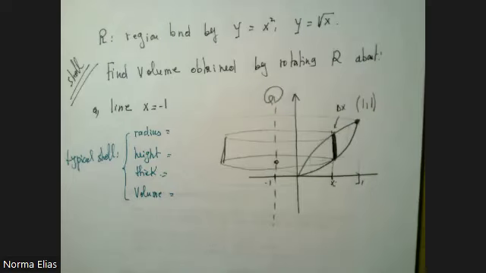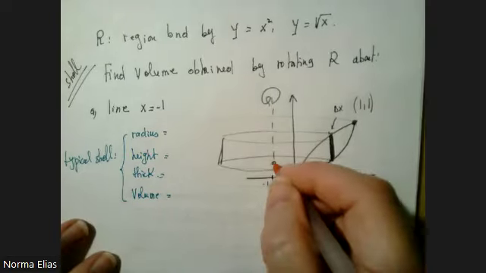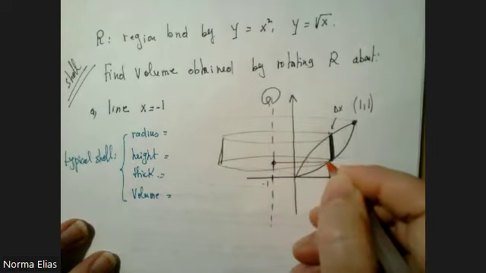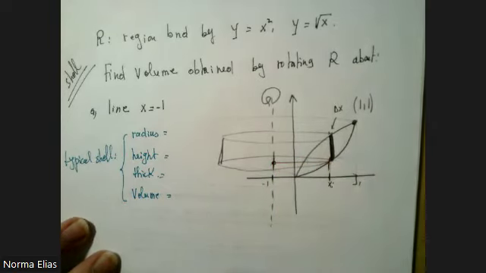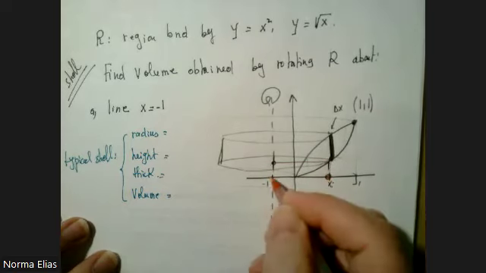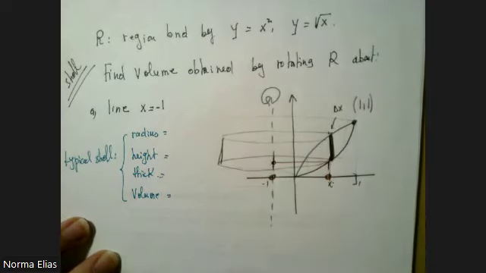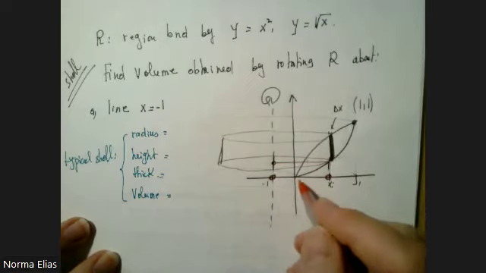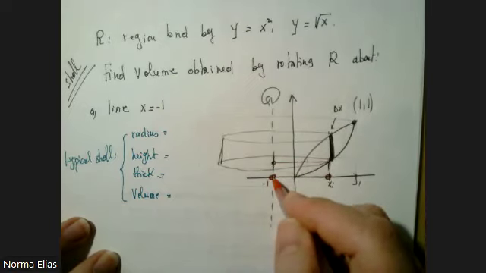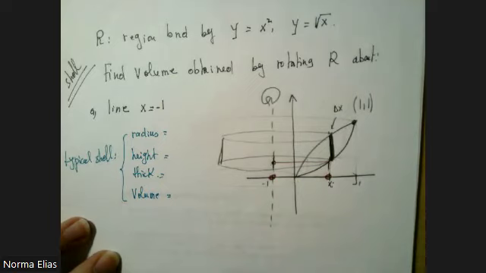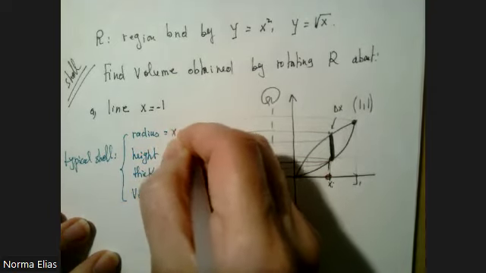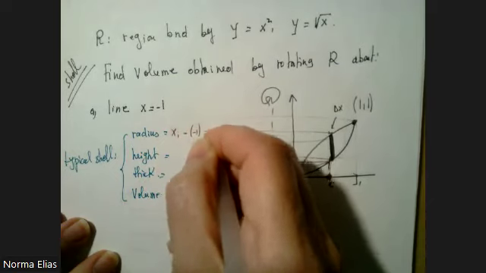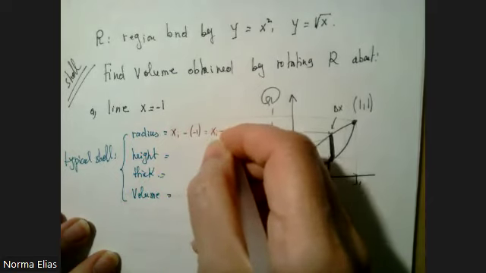Do you agree with your classmate? Absolutely correct. The radius is going to be from here all the way to here. So the only thing is that the radius is going to change. You can either stare at it and tell me it's xi, you're adding 1, correct? Or you can say, the right side minus the left, which is xi plus 1.